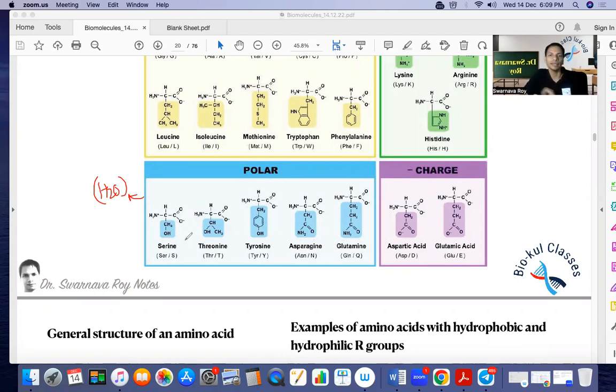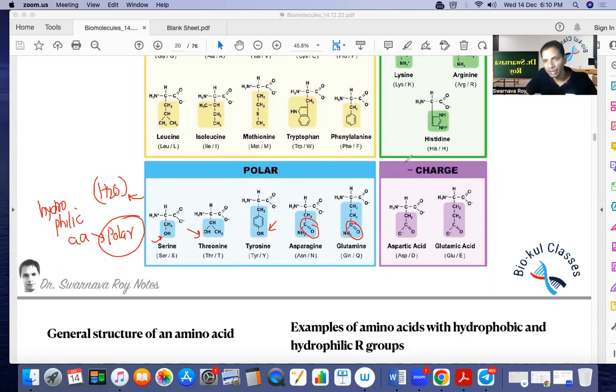When you look at the hydrophilic or polar amino acids, you can see that they have a hydroxyl group here, which gives the polar property. They also have a carbonyl group here, which gives the polar property, right? Polar means they are attracted towards the water.